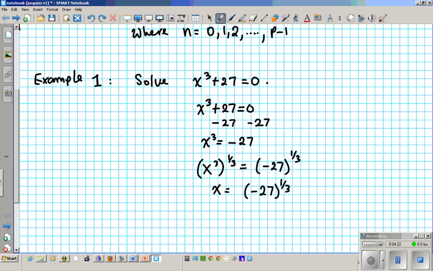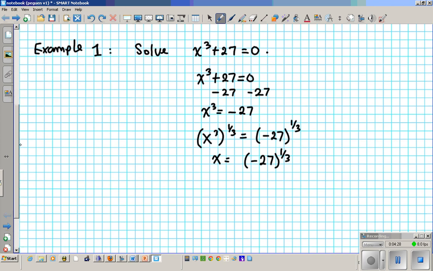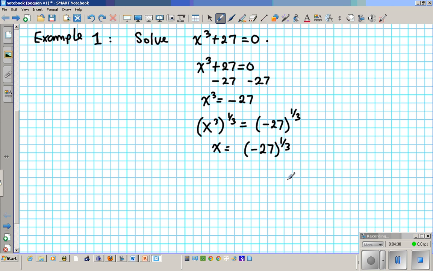Does anybody know what the solution to this equation is? What is the third root of negative 27? What number multiplied by itself 3 times gives you negative 27? Alright, now let's apply the formula. I like to write this in a plus bi form. So this is going to be x equals negative 27 plus 0i raised to the 1/3.